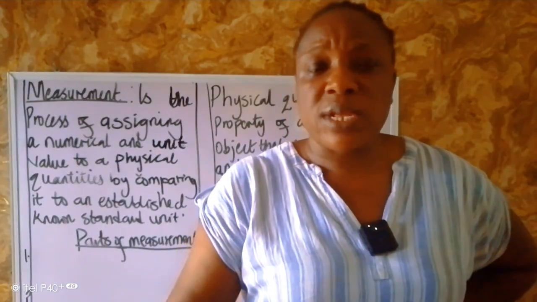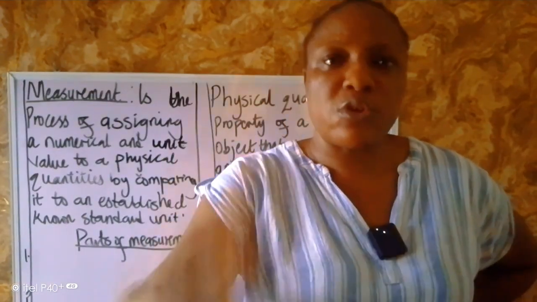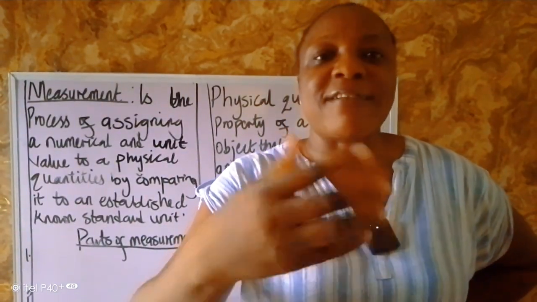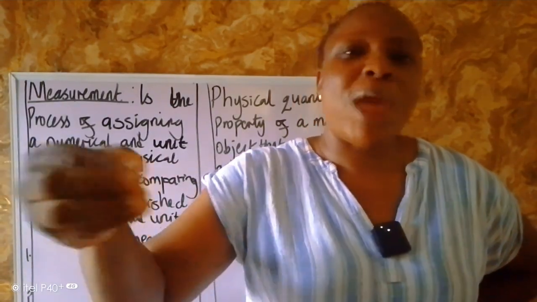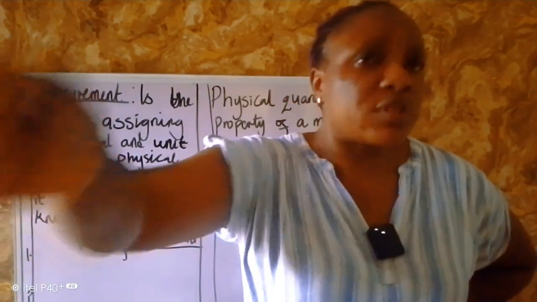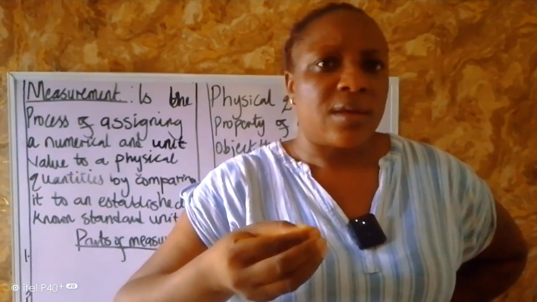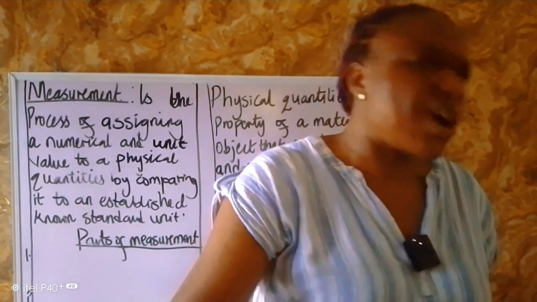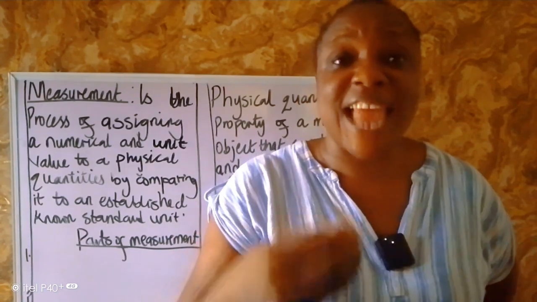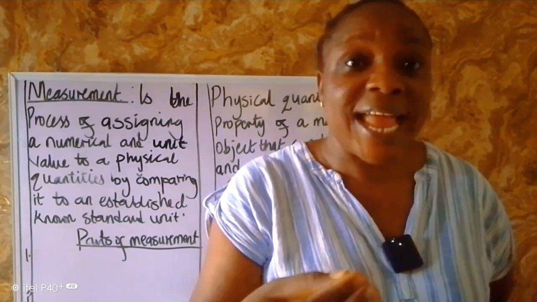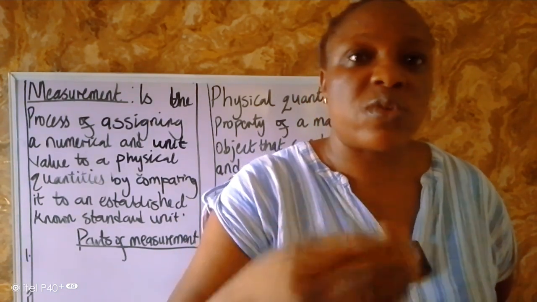So, a standard unit is an agreed unit, an agreed name given to something which, wherever we are, if we say it, all of us understand one another. Have you seen it? That measurement is a language. For us scientists, it is a language. We understand it anywhere you see yourself.